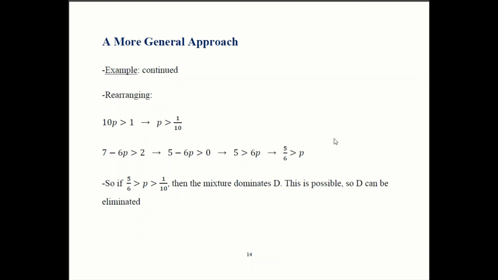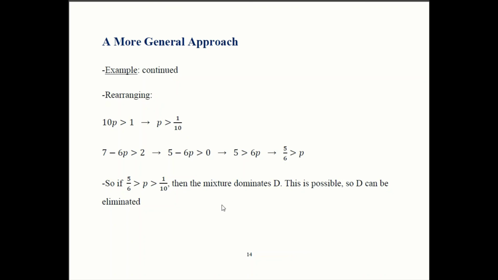So if I'm putting all that together, it means that the mixture is going to dominate D if p is bigger than 1/10 and at the same time p is less than 5/6. So if I can find a value for p in that range, that means I can get rid of D. It means D is strictly dominated.